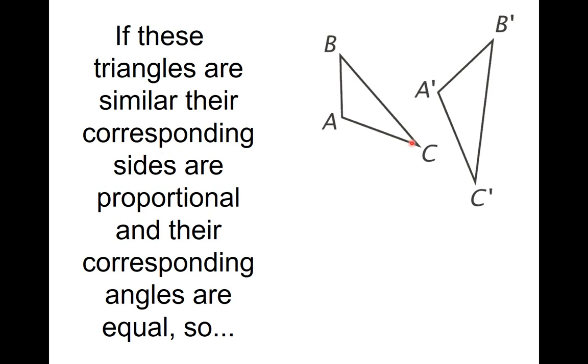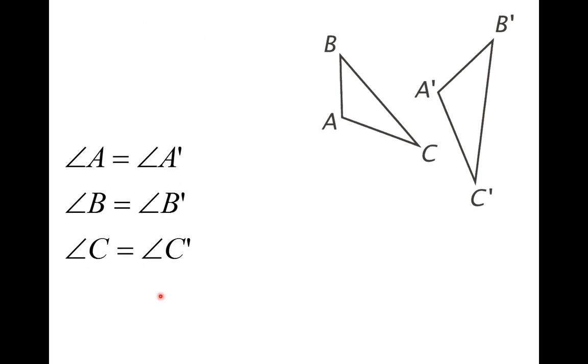These two triangles are similar. And if they are, we say their corresponding sides are proportional. That's going to be the tricky part to understand. The corresponding angles are equal. That one's a little bit easier to understand. In other words, angle A corresponds to angle A prime, and those two angles are equal. The same with B and B prime and C and C prime.